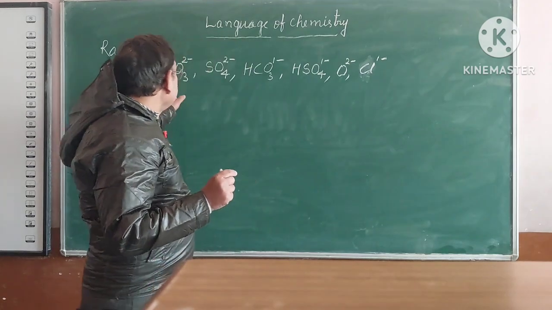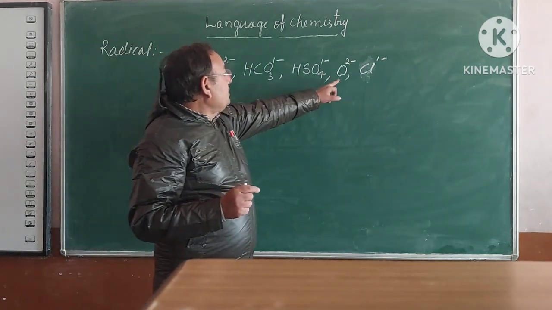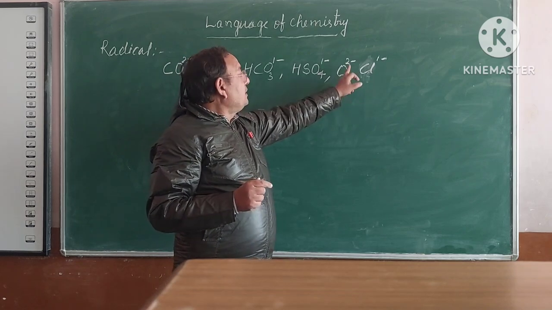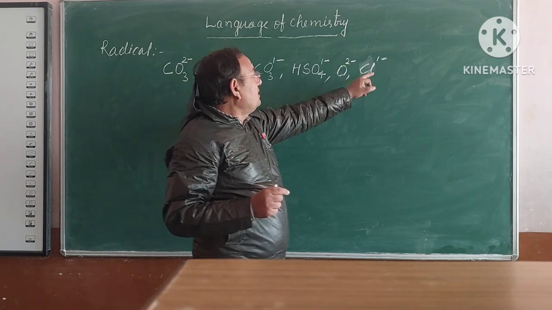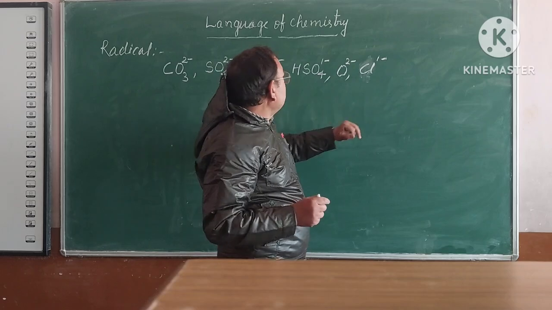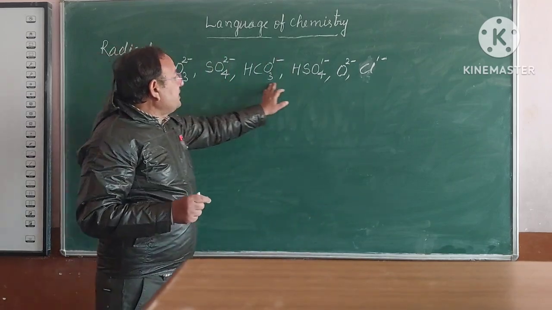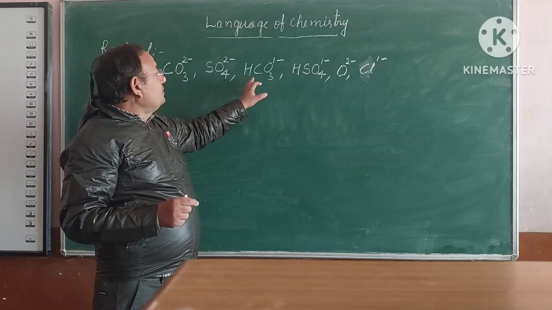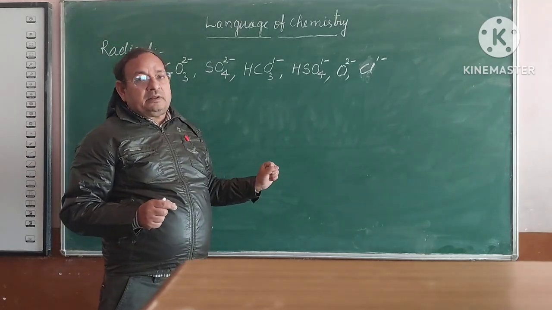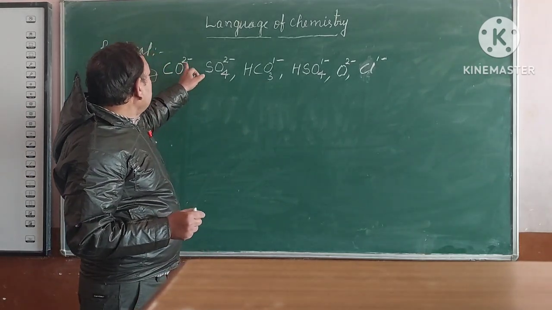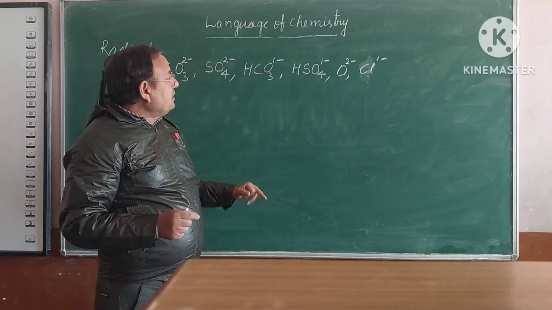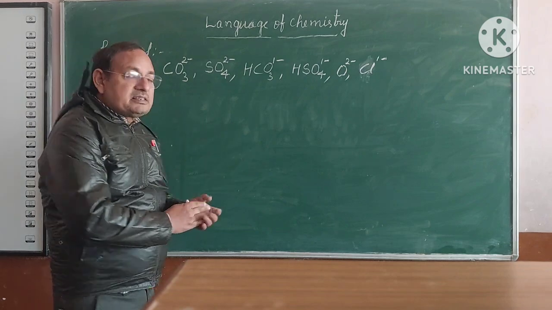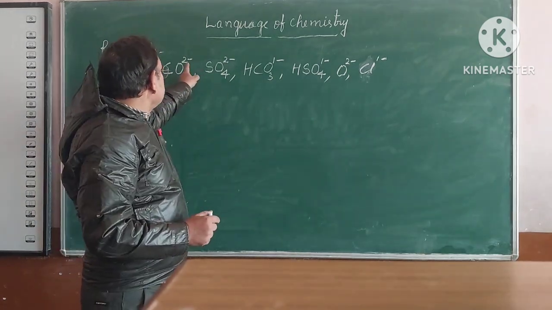Oxygen is simply an atom, chlorine is a simple atom, but having 2 units of minus charge and 1 unit of negative charge. And in the rest you are seeing they are made up of groups of atoms and also having charges on them.